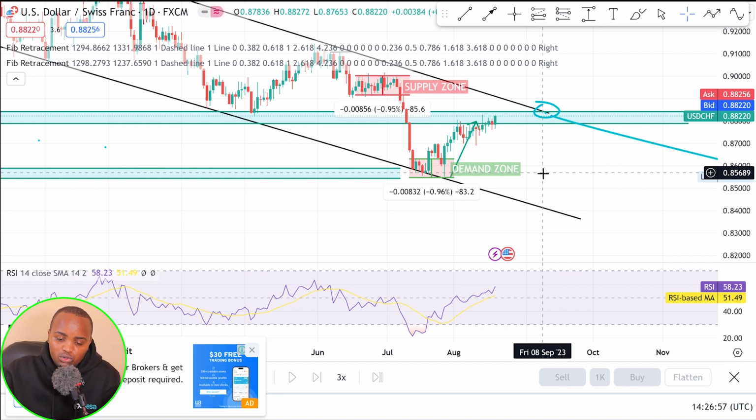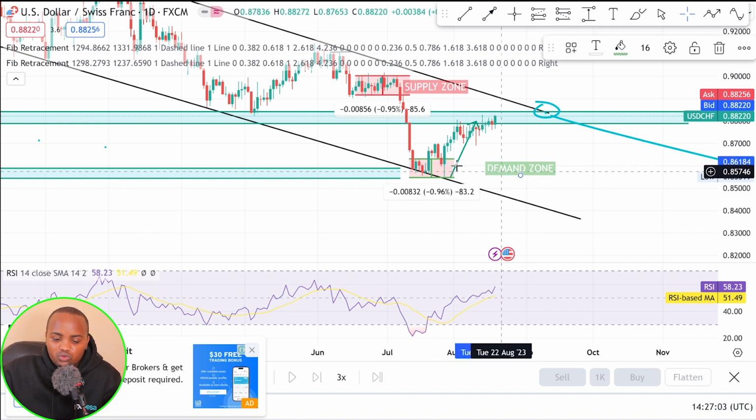When it comes to support over here, like a demand zone, you can see the market tries to reach around this area, and then it's supported around this area. It tries again, is supported at this area, and that is what we call the demand zone right over here.